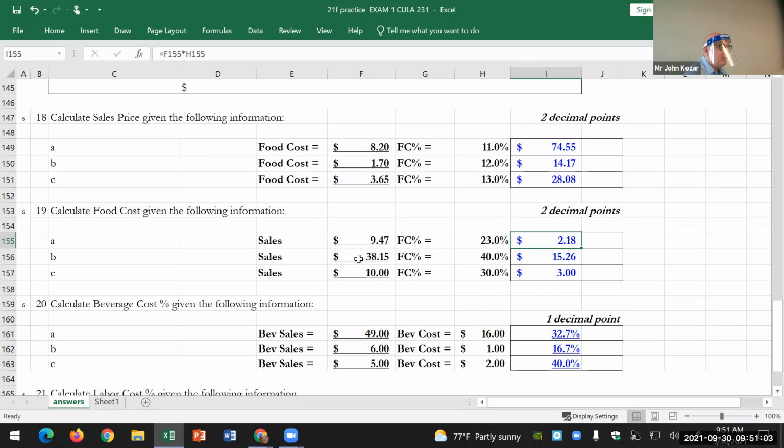And 38.15 times 40% food cost is $15.26. $10 times 30% is $3. So anytime we have costs and sales, our sales should always be significantly higher than our costs, especially if you're looking at food sales and food costs, because you've got a lot of other costs that have to be covered in that sales price.